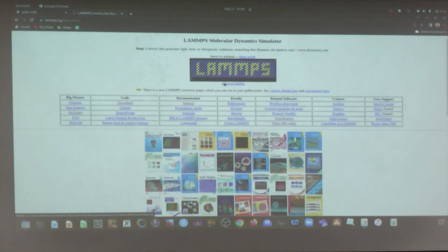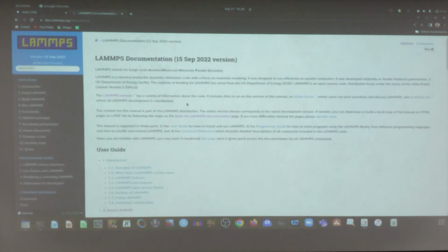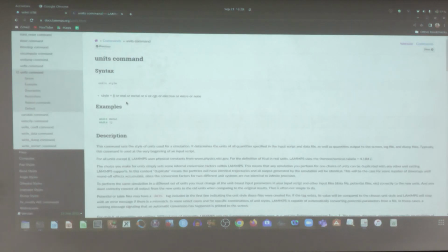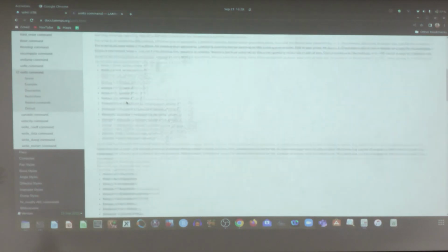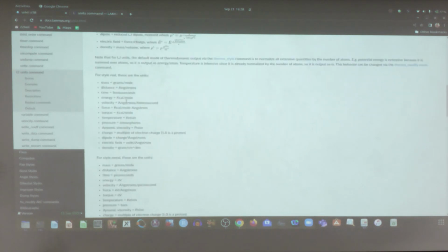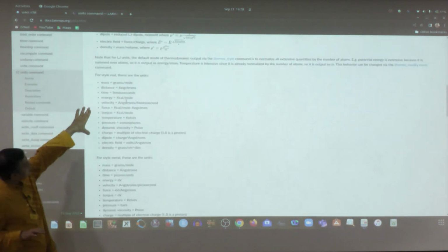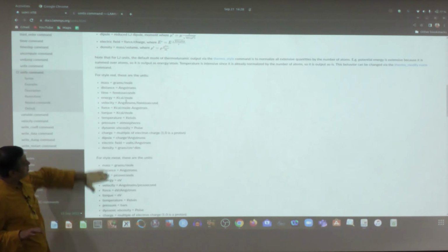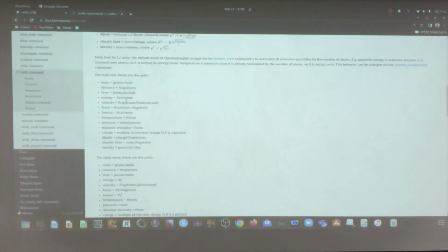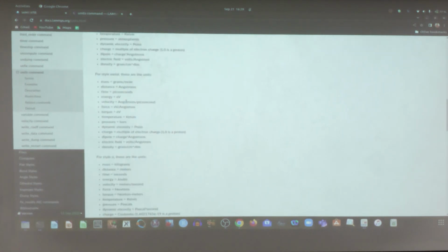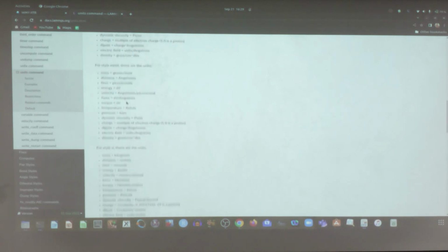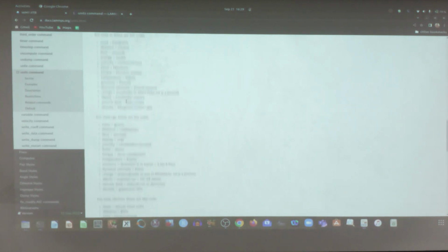So this is the LAMMPS page, with download and manual. This page is really nice, and you can search and it is quite quick. It is the same page: units can be metal, units can be LJ and so on, and real units also you can use. I do not know what they mean by real, but you can look at the values and you will know. SI you can use, CGS you can use.